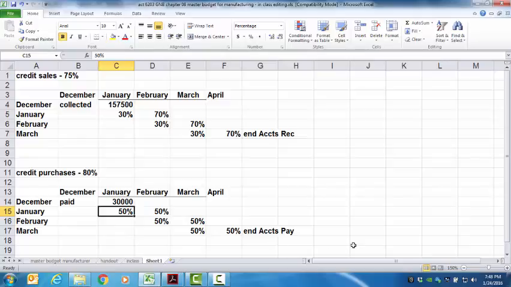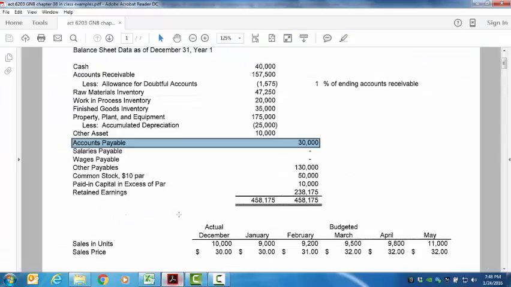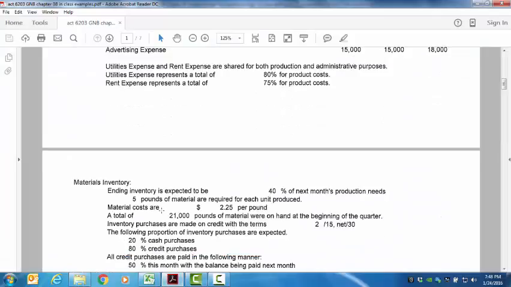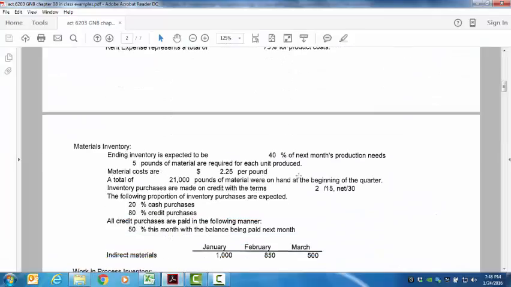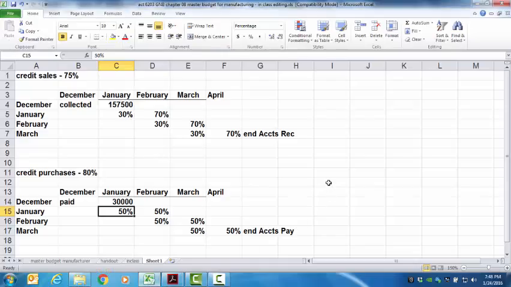Now, recall it said that anything that is on credit is subject to 2/15 net 30 discount, 2%. So let's consider a typical month. A typical month has, on average, 30 days.